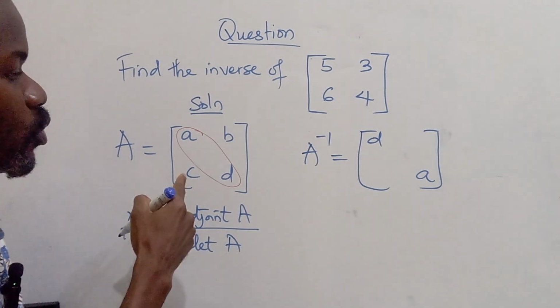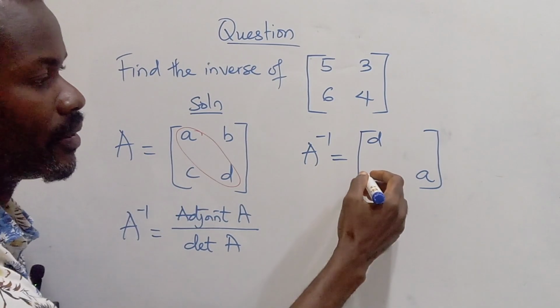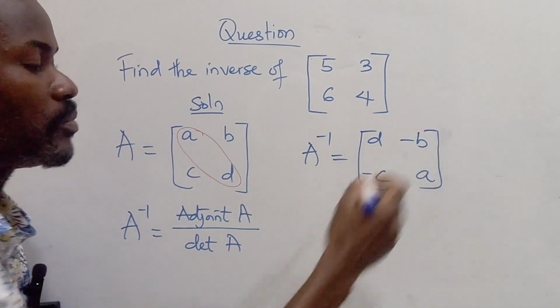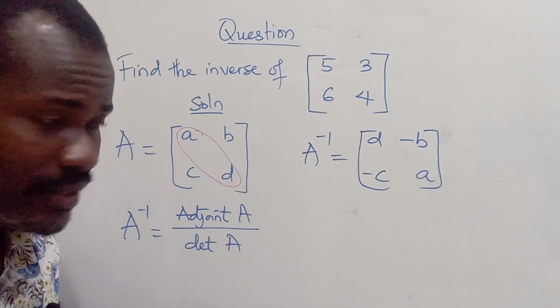Then the next thing is you want to attach minus to this minor diagonal, so minus to B and minus to C. So this is a simple way to easily get your adjoint.